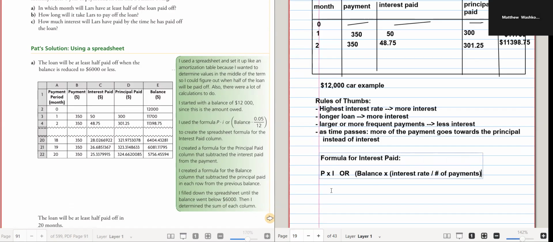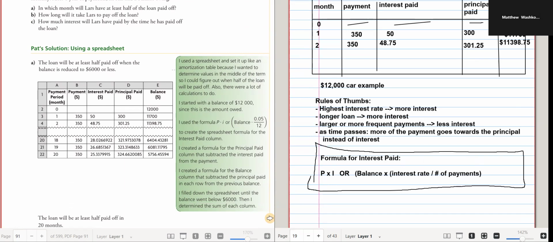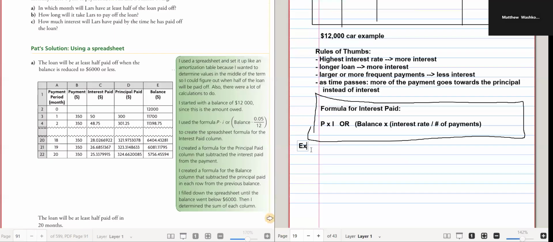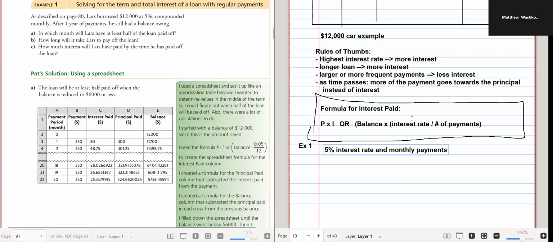So for example, first off, box this. For example, here, example one, if I were to give you a 5% interest rate and monthly payments, I'm going to use this loan here.